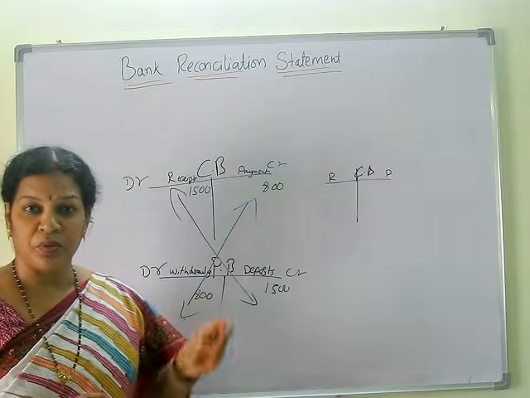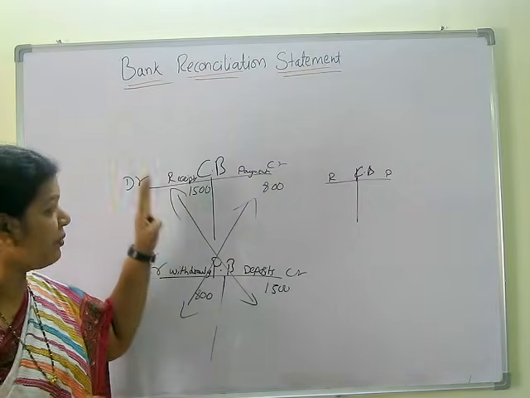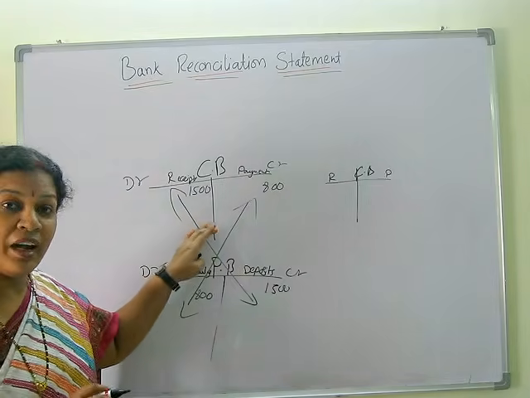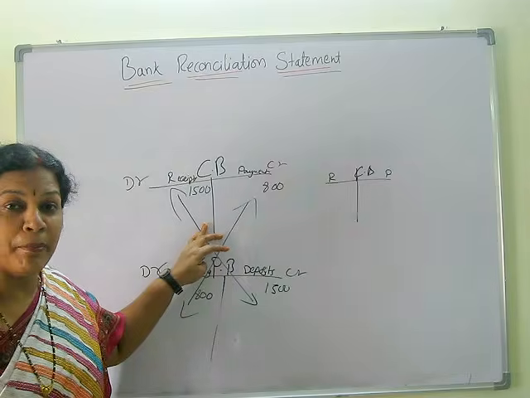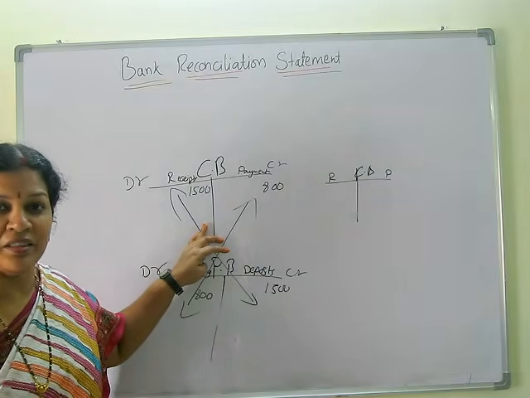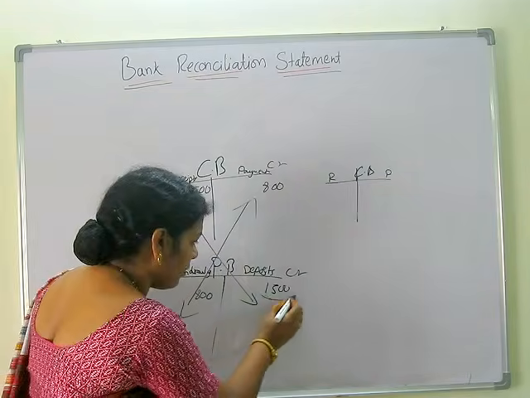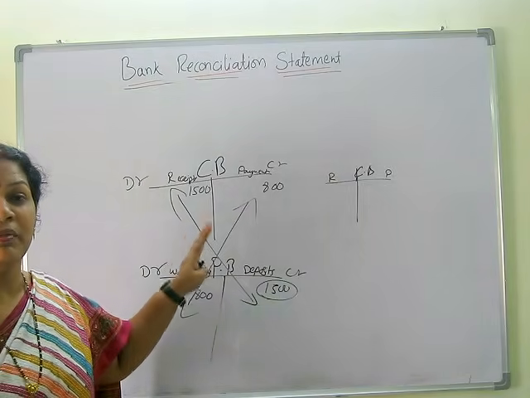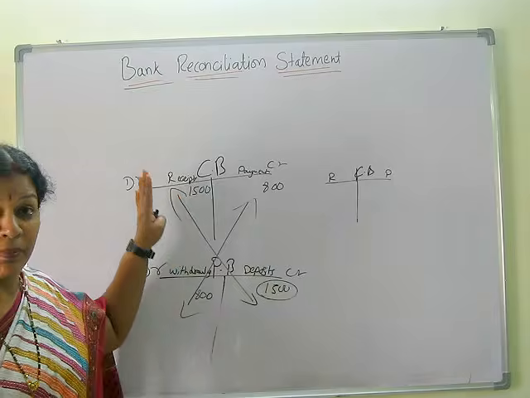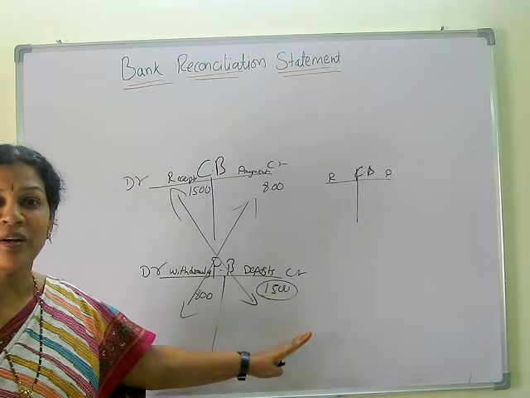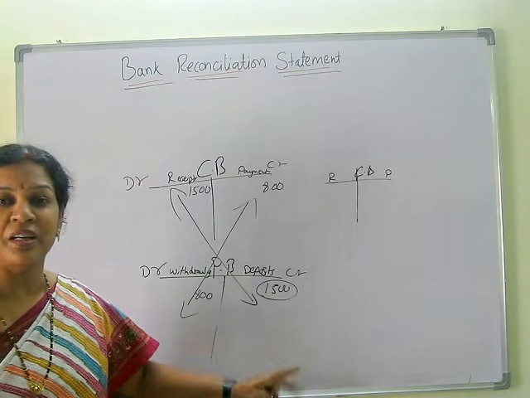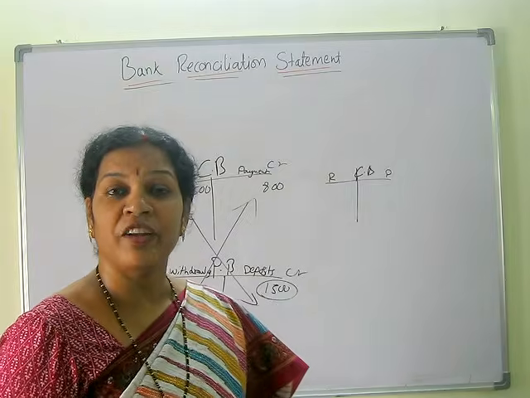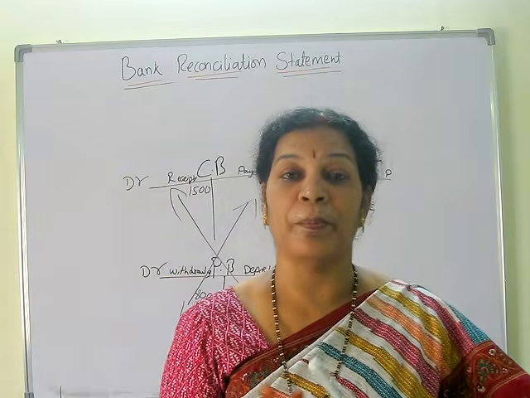Or otherwise, we got a check, we have written it on the debit side and sent it to the bank, but the bank has not yet credited it. Then you will not find this entry. So this could be the reason for a difference between the cash book and passbook. In the cash book we have written, but in the passbook it is not yet credited, so there is no entry. Like this you will find differences between cash book and passbook.